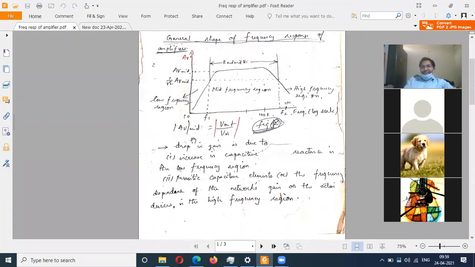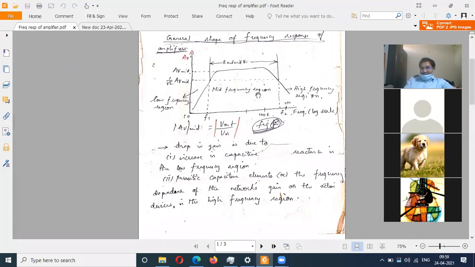But for these frequencies and higher frequencies, we take the capacitor as short circuit.